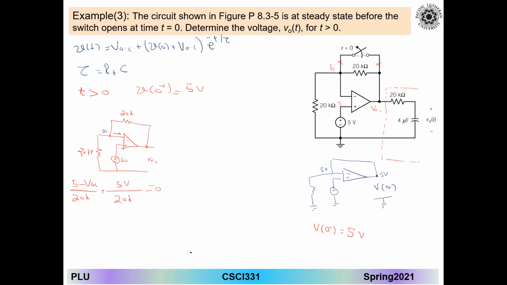This one equals 0. I did that and got 10 volts, but I was just confused because it wasn't negative. Yeah, that's it. So it's 10 volts, it's obvious, since the 20K is constant. So we have here the V open circuit equal to 10 volts.